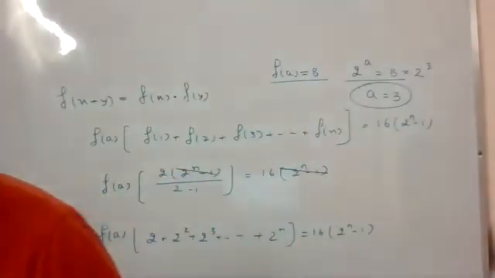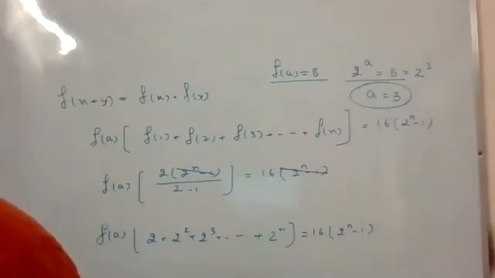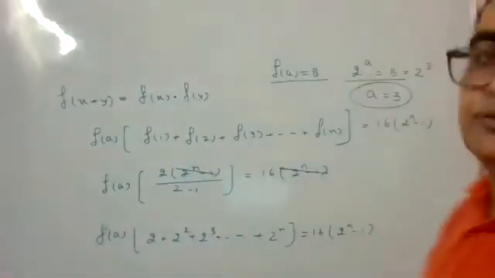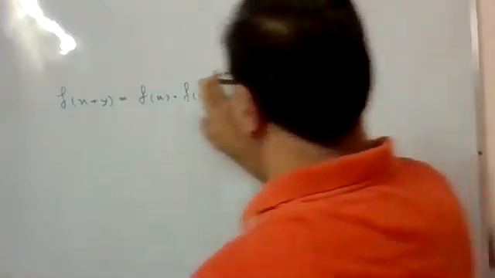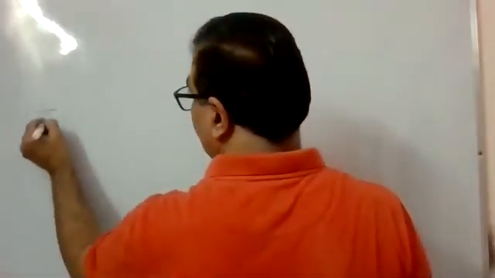Now coming to the next question, please. Show that the ratio of the sum of the first n terms of a GP to the sum of terms from the n plus 1th term to the 2nth term is 1 by r power n.